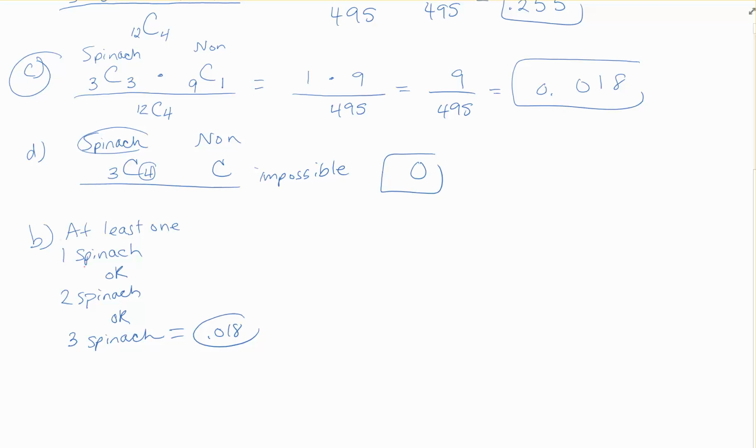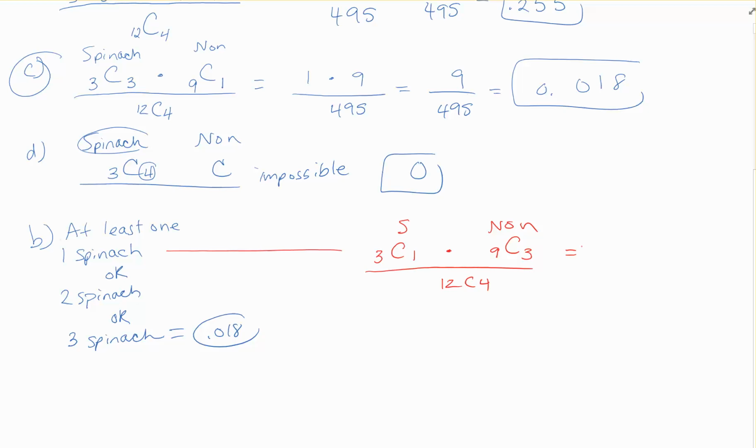So the probability of getting 1 spinach, so I have my spinach and my non-spinach. So I have 3 choosing 1 spinach, and I have 9, and then remember you want your right side numbers to add up to 4, so 9 choosing 3 of the non-spinach over 12C4.